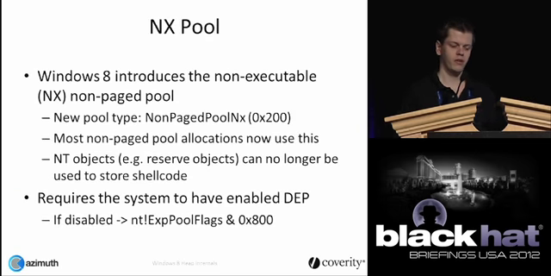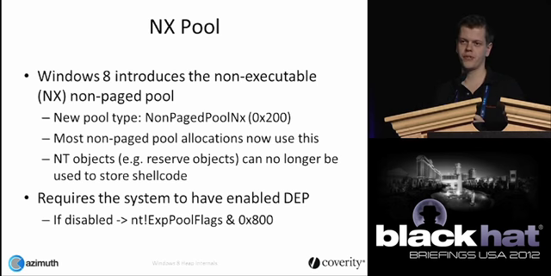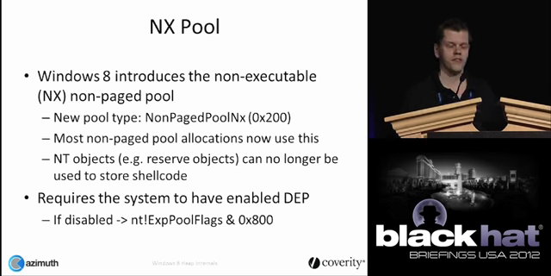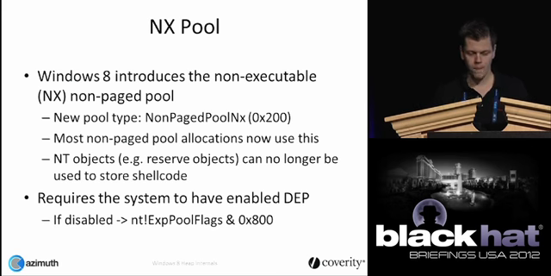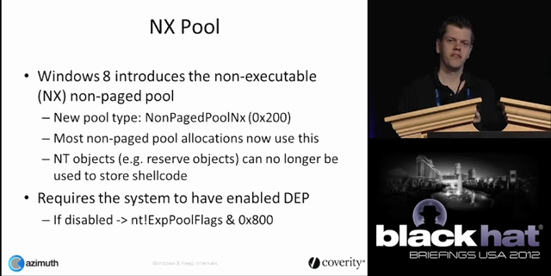The NX pool, as I said, is introduced in Windows 8, and it's basically a new pool type. Each driver has to request this type in order to get non-executable non-page memory. Most of the non-paged allocations in Windows now use this, and this also includes the NT objects.